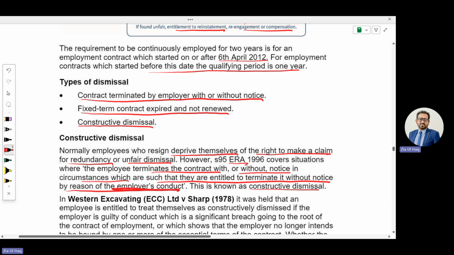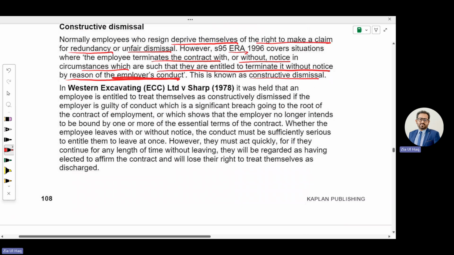This is known as constructive dismissal, and there is a case, Western Excavating Limited versus Sharp. It was held that an employee is entitled to treat themselves as constructively dismissed if the employer is guilty of conduct which is a significant breach going to the root of the contract of employment.